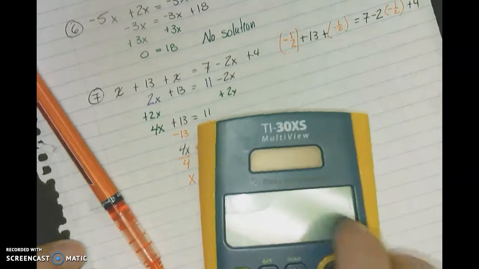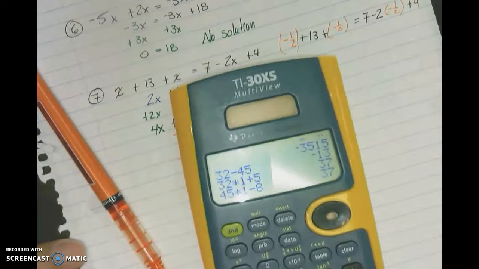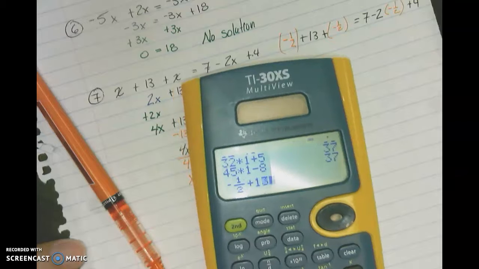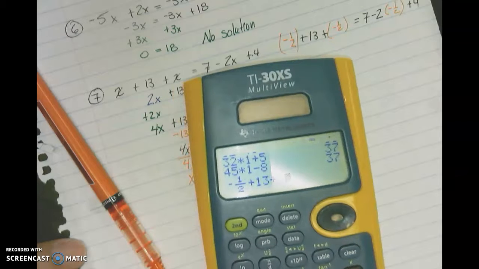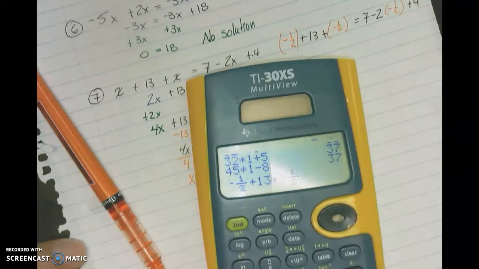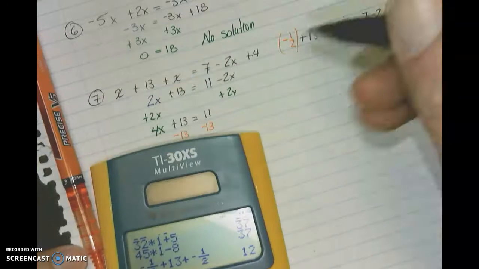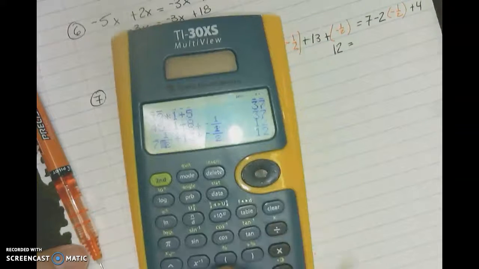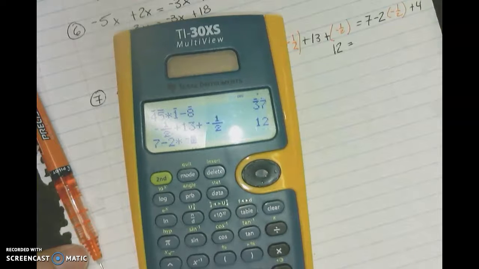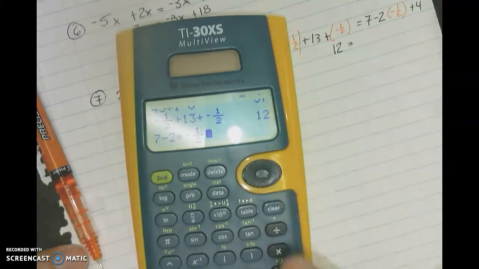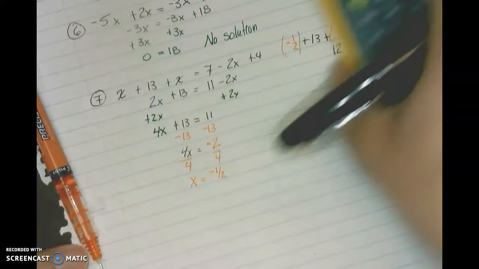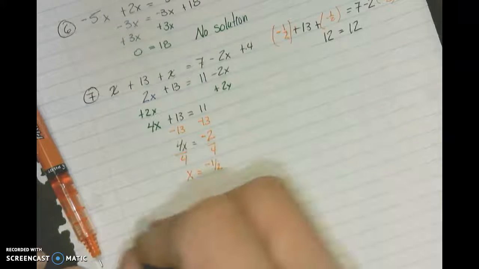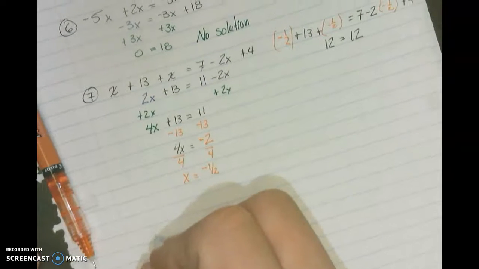So then I just use my calculator. So negative 1/2 plus 13 plus negative 1/2, that equals 12. And then I go 7 minus 2 times negative 1/2 plus 4, that also equals 12. All right, so we know we're good with that one.